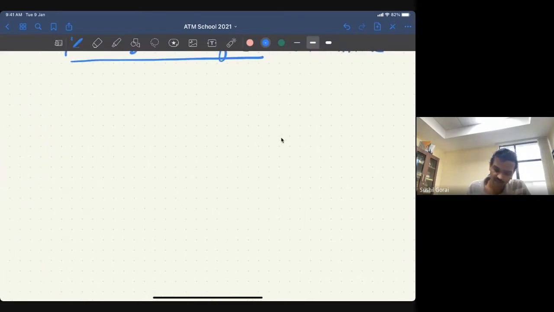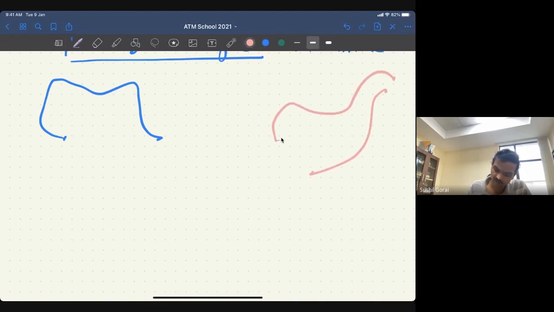So what does it mean? A curve is a continuous function. So here, this one is a curve. But suppose you have it like this, this, you want to consider all this together.